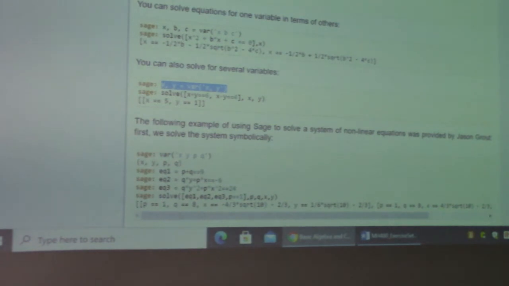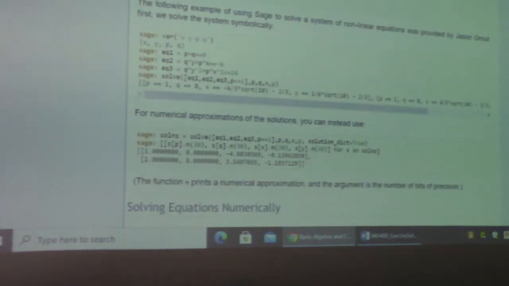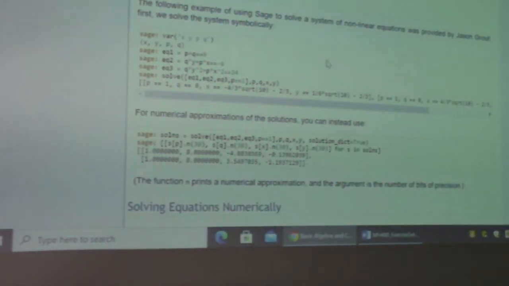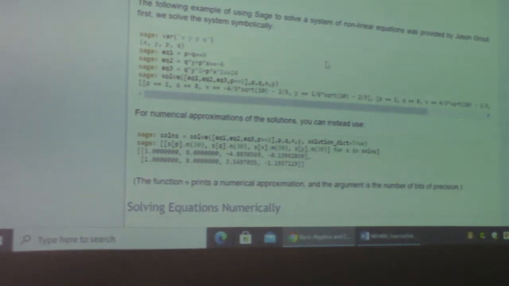So this one gets a name, huh? Jason Grout. Oh my goodness, what on earth is this thing? Ah, so you can define equations separately and then list them if you want to kind of divide and conquer. See that?